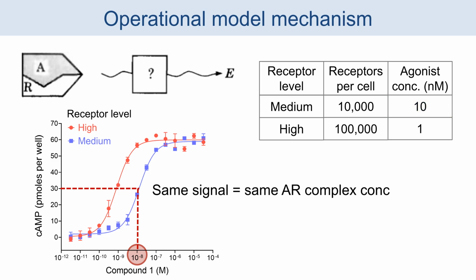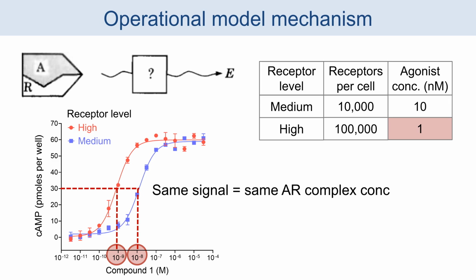If we have 10 times more receptor in the high-expressing cells, this means we need 10 times less agonist to get the same amount of agonist-receptor complex in the high-expressing cells. This means we need only 1 nanomolar agonist for the high-expressing cells. And here we see this illustrated on the graph.